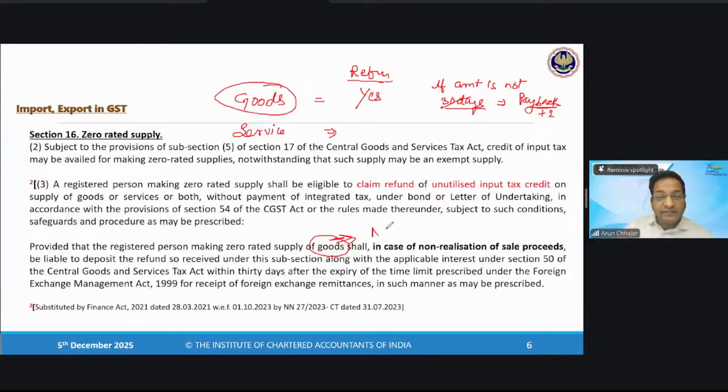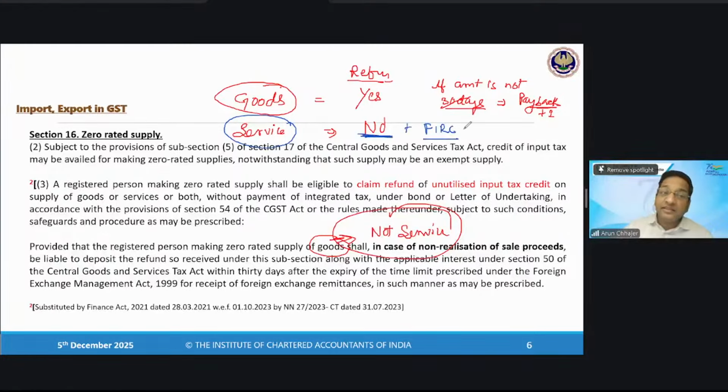Why not services? Because you cannot apply for the refund till the time you bring the foreign currency. In case of export of services, you can't apply for the refund without FIRC or BIRC.